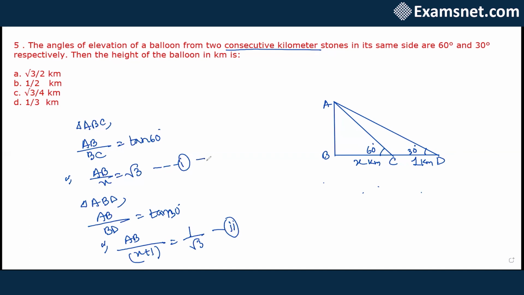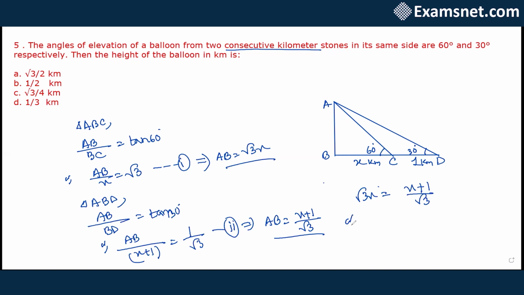Now from equation number 1, we can find the value of AB as √3x. Also from 2, we can find the value of AB as (x plus 1) by √3. Correct. Both the equations give us the value of AB. That means these two are equal. So let's make them equal. √3x equals (x plus 1) by √3. Do the cross multiplication. 3x equals x plus 1.